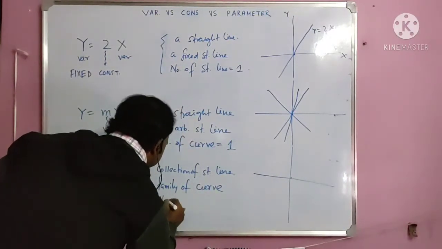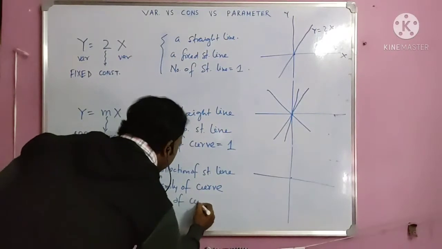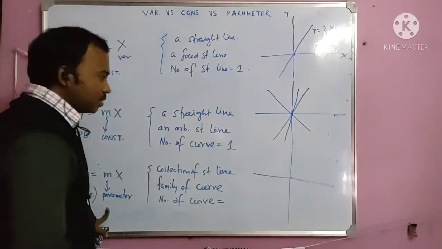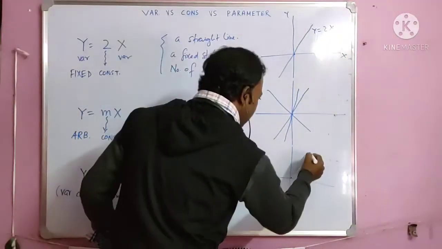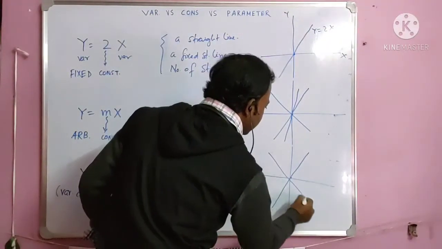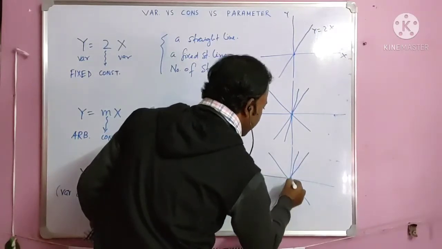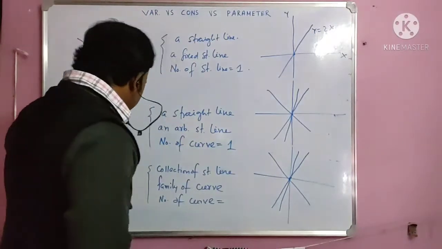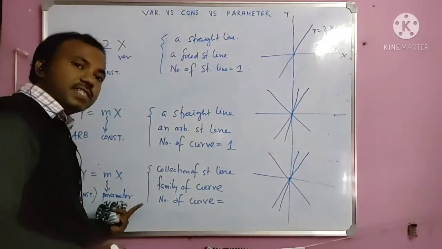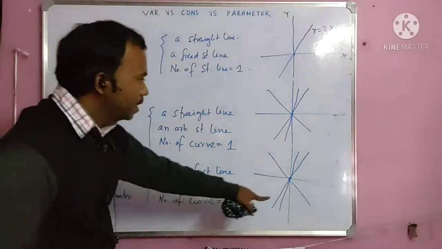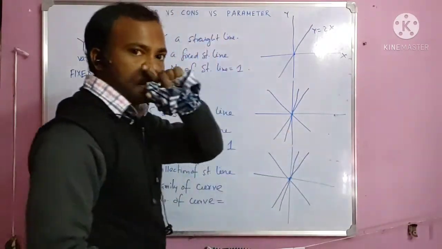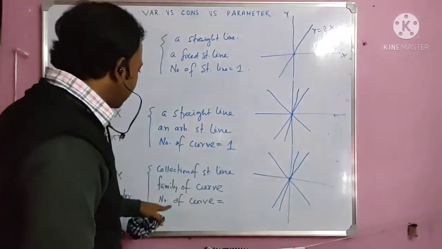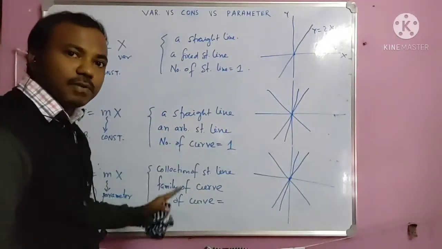Therefore, the number of curves will be, let's see, if we place them, all the straight lines pass through the origin. But this time you have to take these equations where m is given as a parameter. This time you have to consider all these straight lines. So these equations represent all these straight lines together. Therefore they become a family of curves.